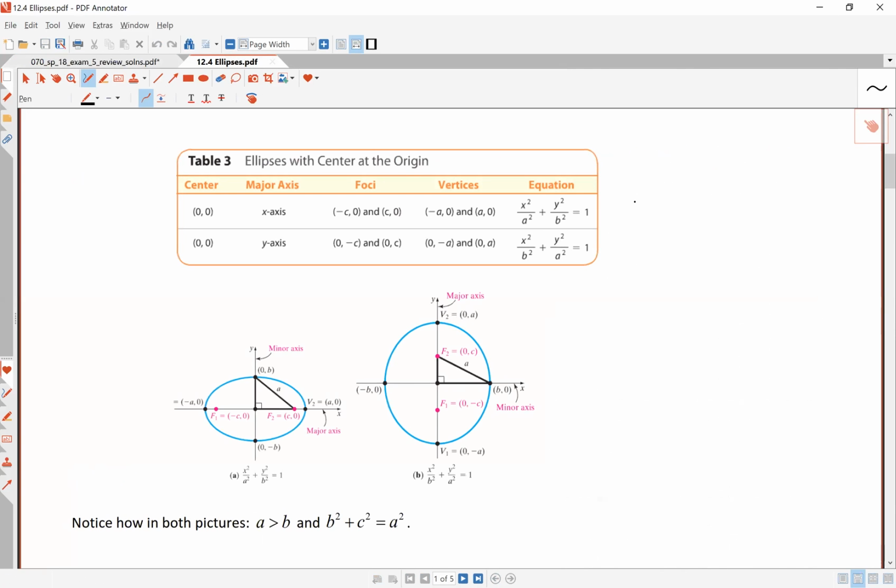Ellipses look like x squared over a squared plus y squared over b squared equals 1, or x squared over b squared plus y squared over a squared equals 1. Either way you look at it, you either have a number under the x squared that's bigger or a number under the y squared that's bigger.